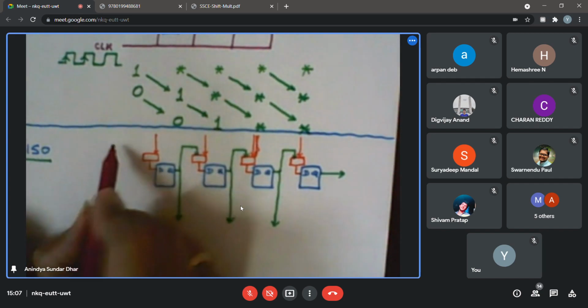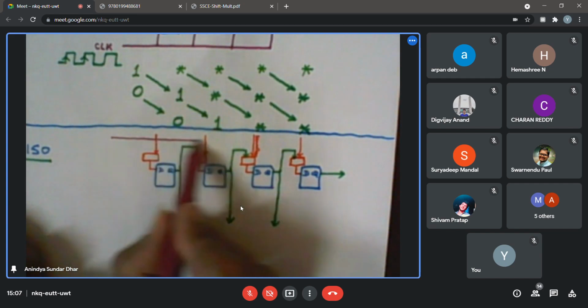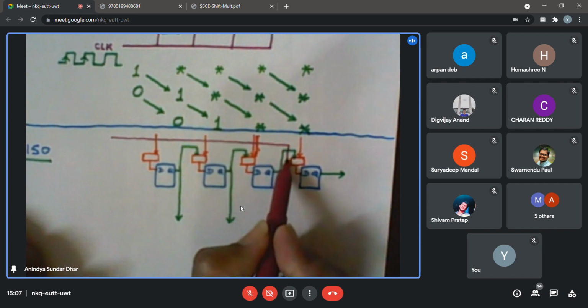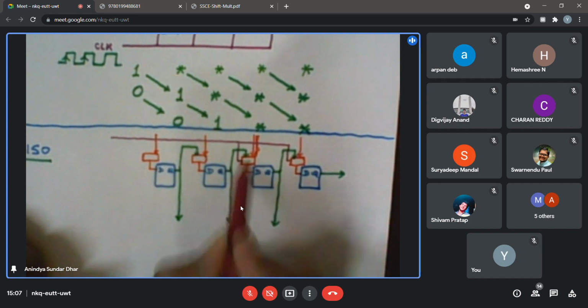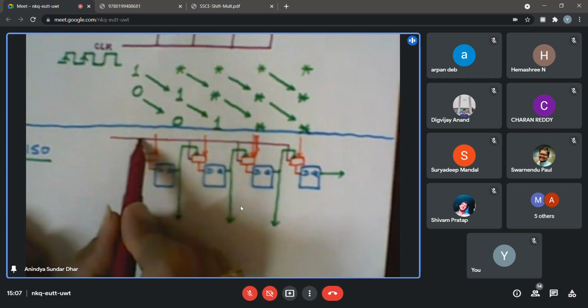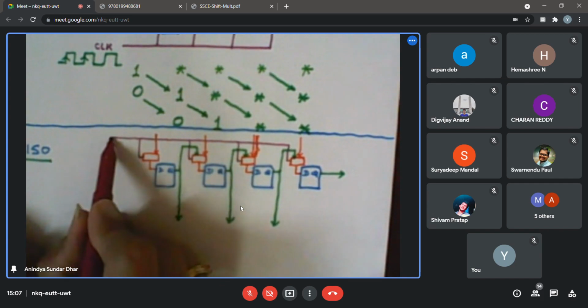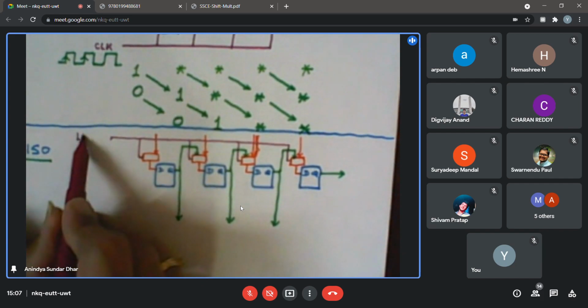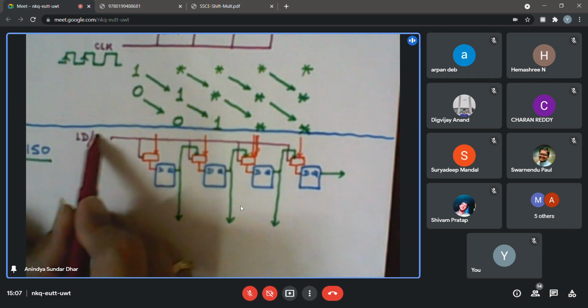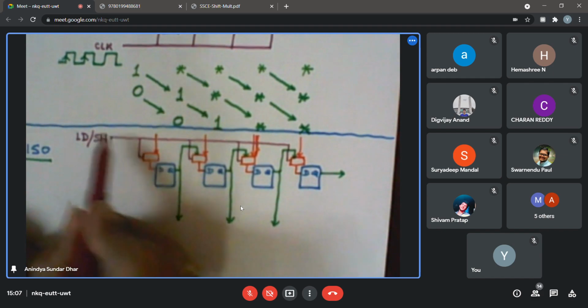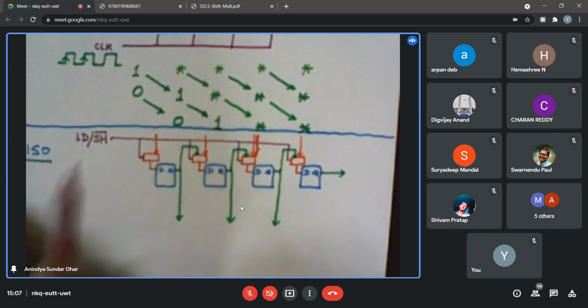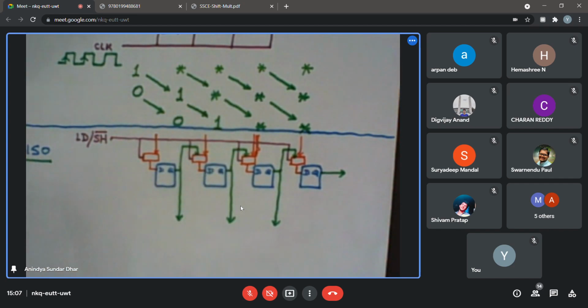where should I draw the select line? Here, does it look good? A select line is going to all the multiplexers. That select line I may call load or shift bar.